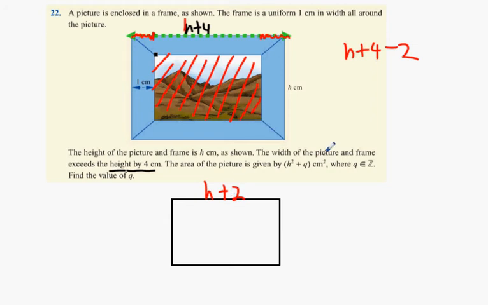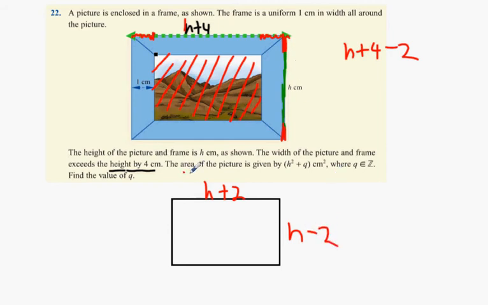And then it tells you that this part here is h. Yes, because the whole thing, if I shade it all in green, the whole thing is h. However, you're taking 1 away from both sides. So you're taking this part away, and this part away. Now you're just left with the green part in between, which is going to be h minus 2.